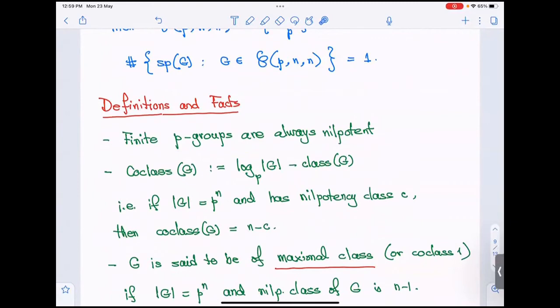If I write the nilpotency class as class G, or sometimes denote it by little c, then the co-class is defined as log base p of the order, subtracted by the class of G. That is to say, if the group has order p^n and nilpotency class c, then the co-class is simply n minus c. For obvious reasons, the nilpotency class cannot exceed n, and in fact c is always less than or equal to n minus 1. This is again a standard fact.